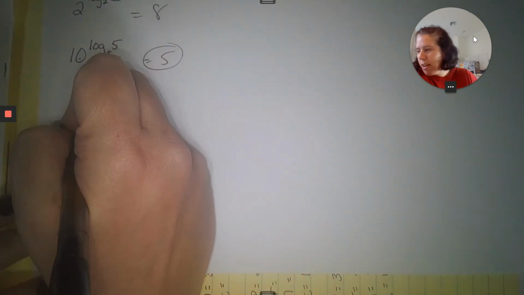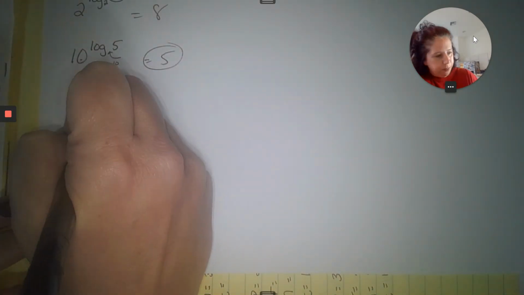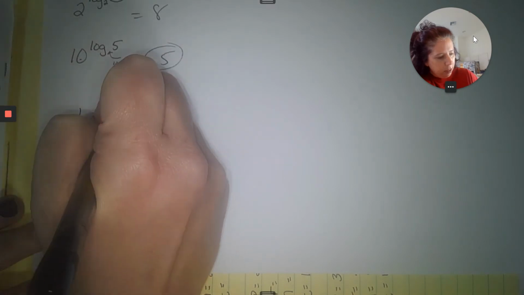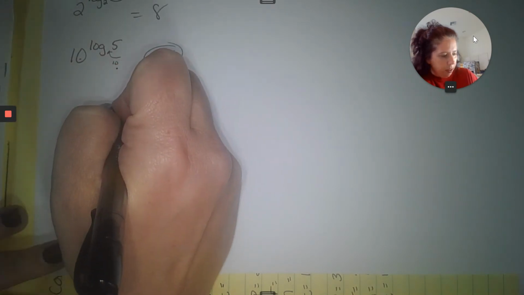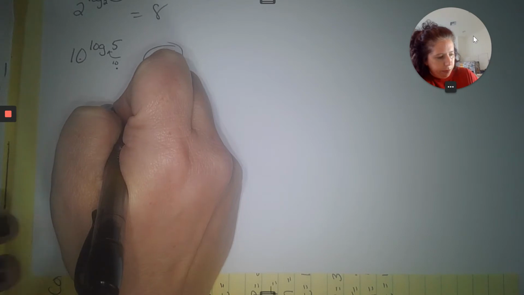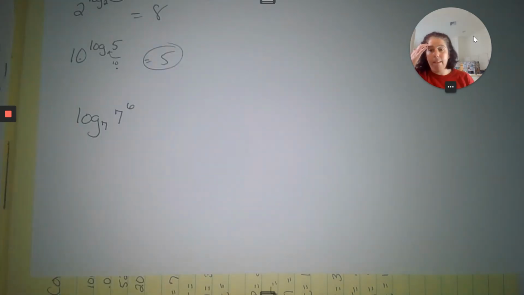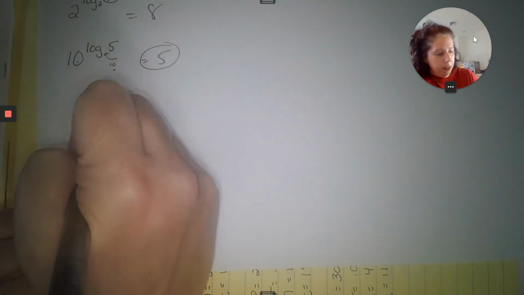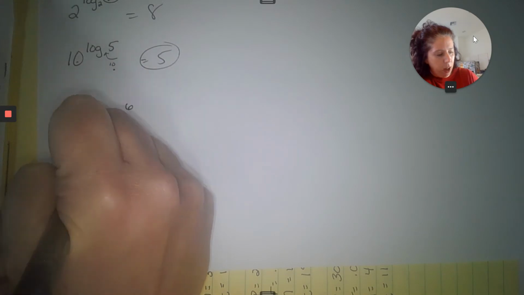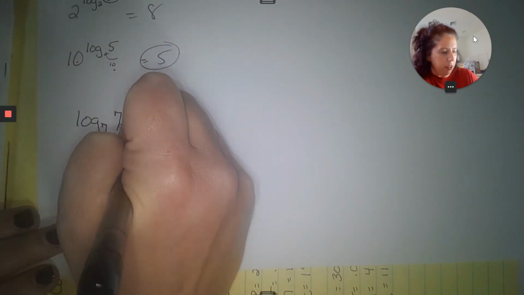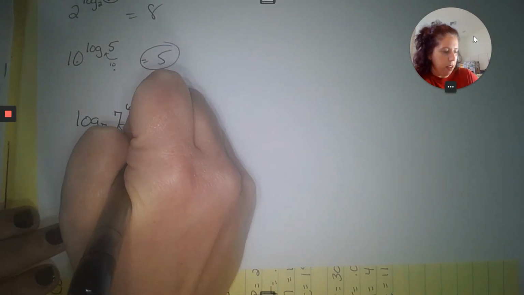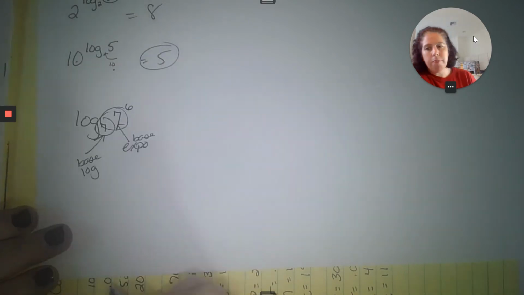All right, so now if it looks like this, log base 7 of 7 to the 6th power. Again, this is the base of the log, and this is the base of the exponent. The bases are the same, so your answer is just 6.